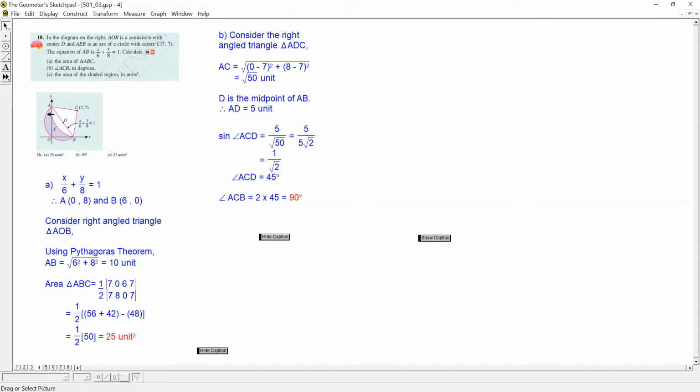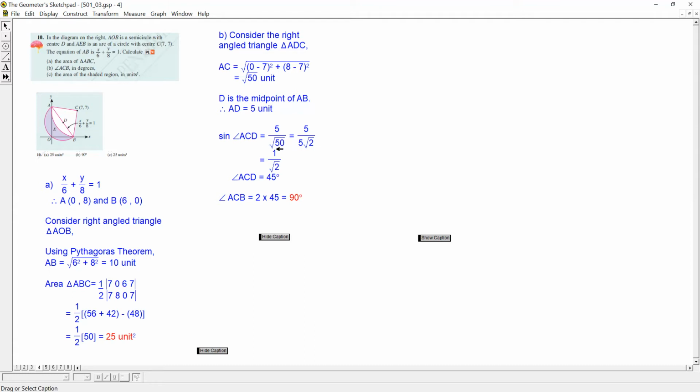So I know this AD is 5, and AC is square root of 50. Which formula do I want to use? I want to use the trigonometric ratio, sine. So 5 over square root of 50.